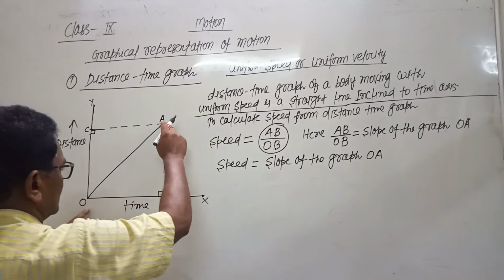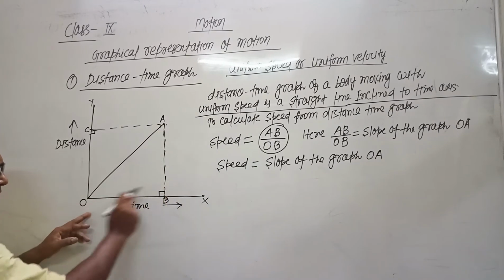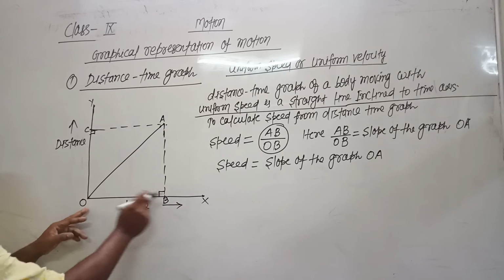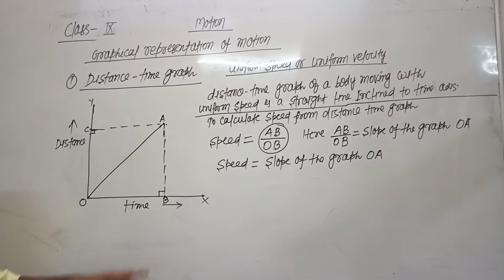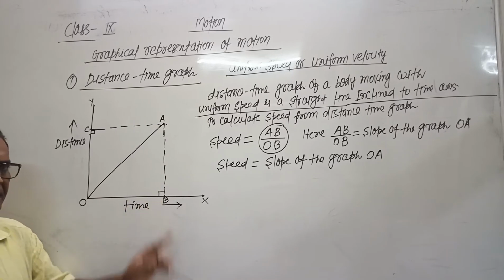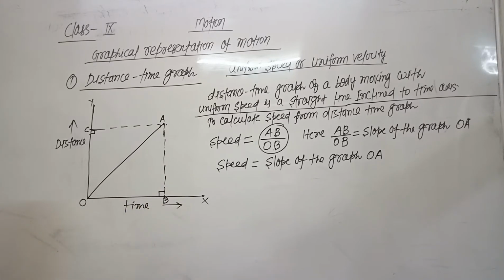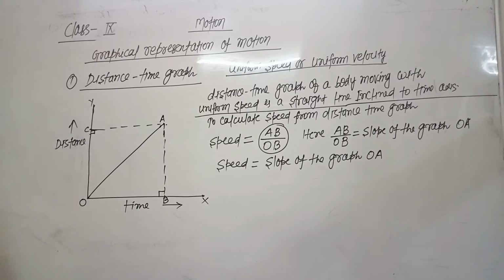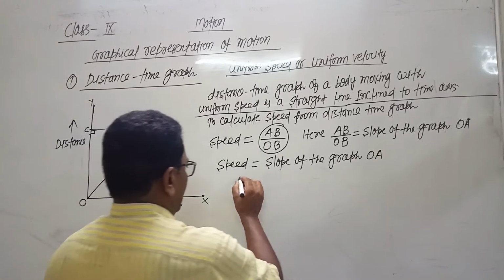Slope means perpendicular upon base. In case of a distance time graph, slope means distance upon time. So the speed equals the slope of the graph OA, which means the slope of the distance time graph.